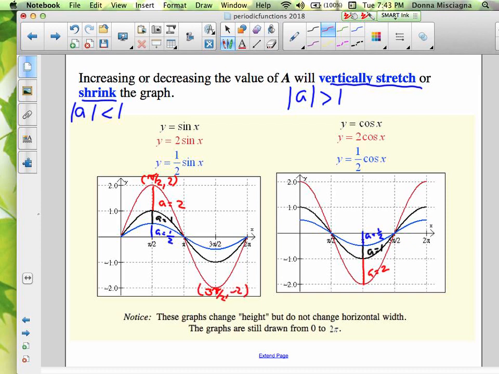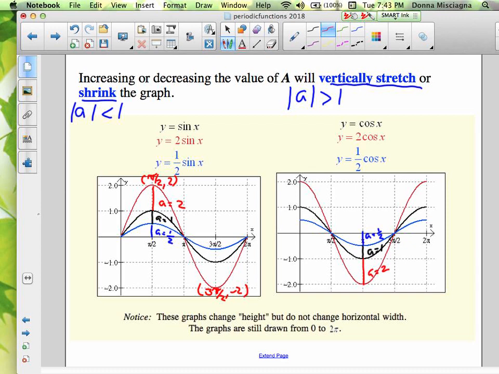So it's vertically stretched. Its y values are now twice as much. Of course, if we're talking about 0, twice 0 is still 0. So the graphs change the height, but they don't change the width. They're still drawn from 0 to 2 pi. You can see they're just vertically stretched.